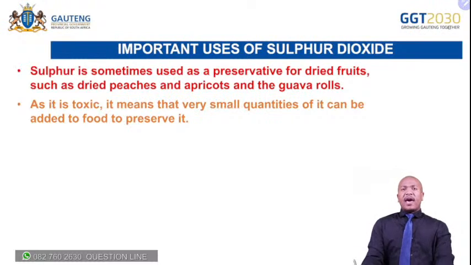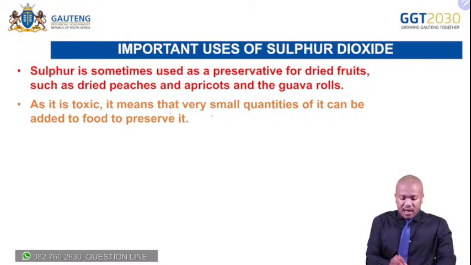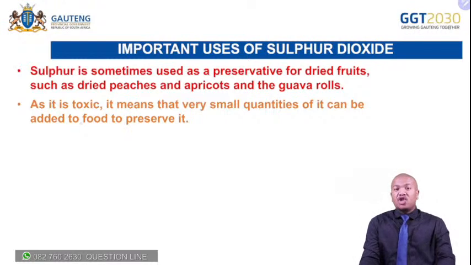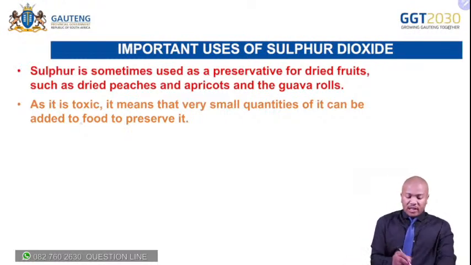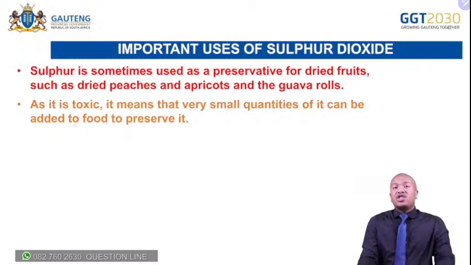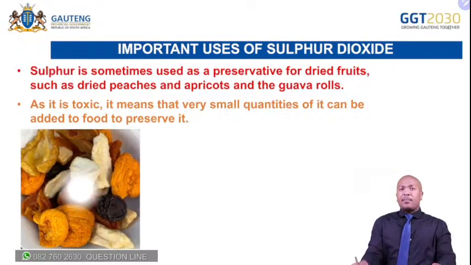So now, as this sulfur dioxide is toxic, it means that it is required in very small quantities, or it can be very dangerous to human beings and other living organisms. So we need what? Very small quantities so that we can add it on top of food to preserve it. Here's an example of our dried fruits, right?